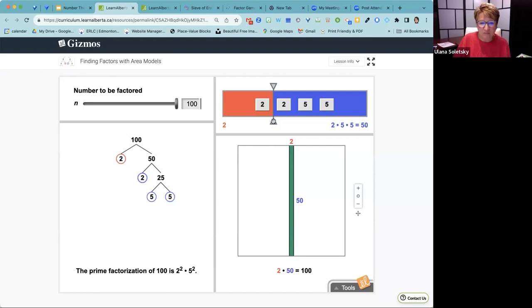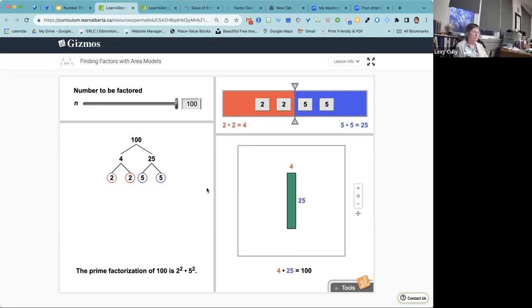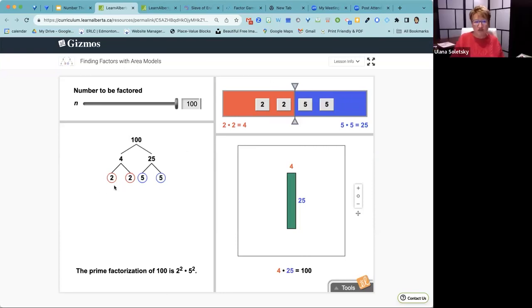So we can show the area model for different types of factors also.